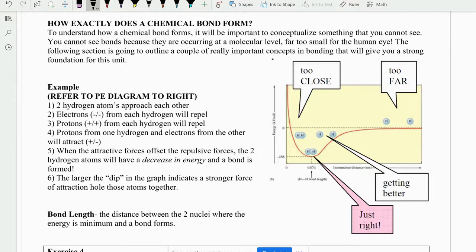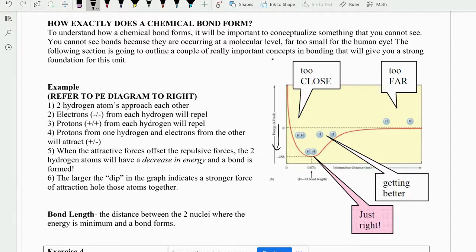And so when the attractive forces of each hydrogen atom offset the repulsive forces, we're going to have a big decrease in energy, and that's when the bond forms. So take a look at your x-axis and y-axis. Your y-axis is energy, and when we go down, our energy values are decreasing.